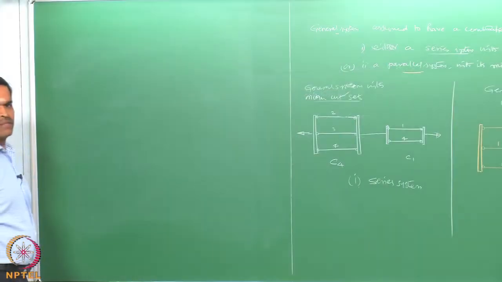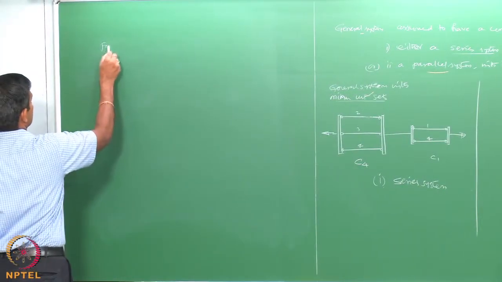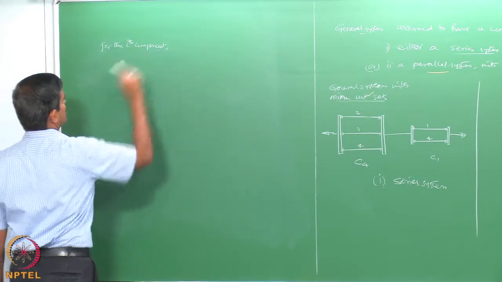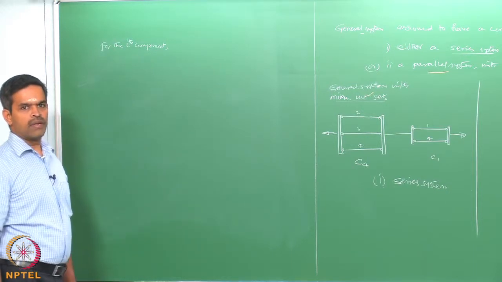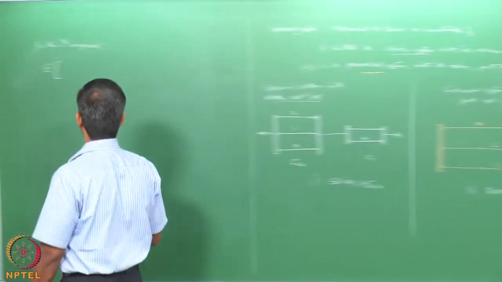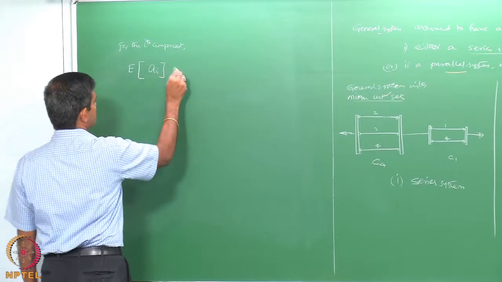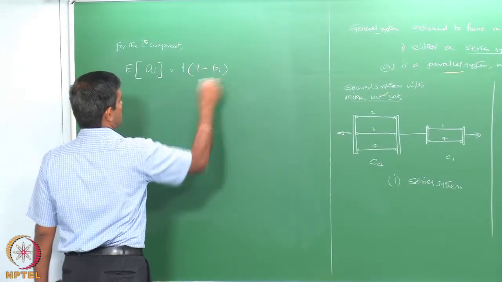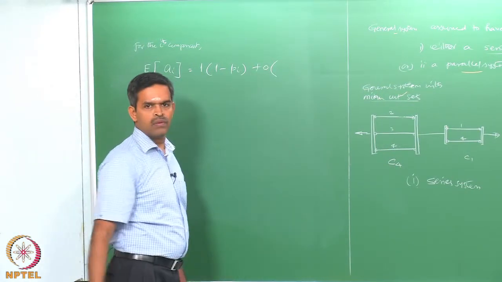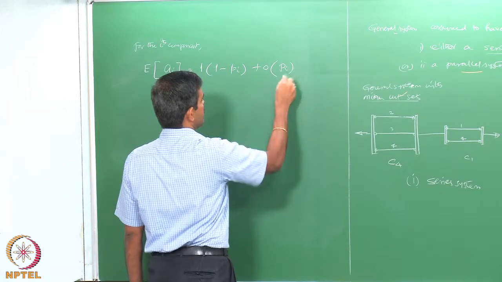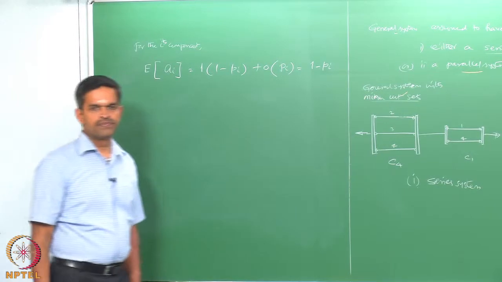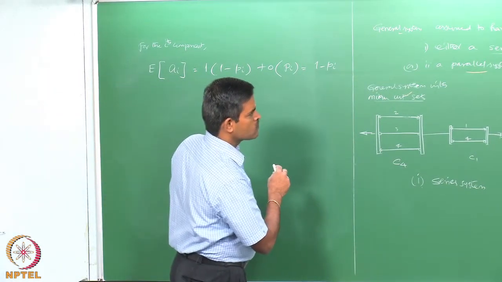Okay. Having said this, for the ith component, we can write expected value of Ai as 1 times 1 minus Pi and 0 times Pi, which amounts to 1 minus Pi. Equation 10.